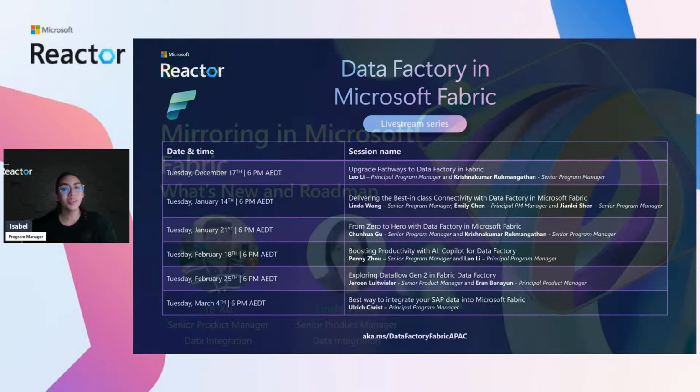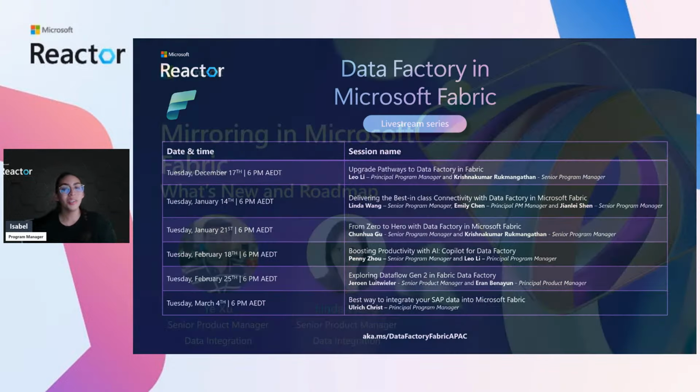For today's session, we're going to focus more on one of the services, Data Factory. If we move to the next page, you're going to see Data Factory in Microsoft Fabric is built on the unification of Azure Data Factory, which is our professional data integration capability on Azure, and Power Query, our self-service data preparation capability embedded in Excel, Power BI, Office 365, Dynamics, and Power Platform.